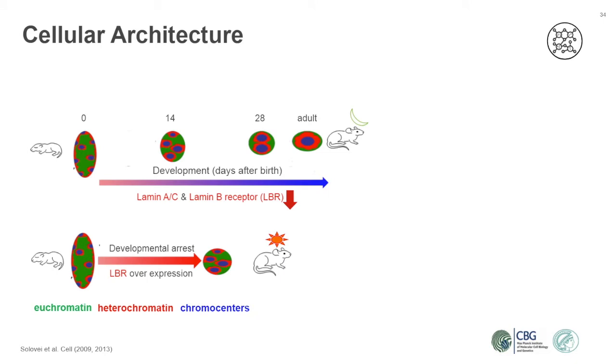And when the lamin B receptor protein is overexpressed, we can developmentally arrest the progression of this inversion to have animals that have a diurnal type retina, or retina with rod photoreceptors having a conventional nuclear architecture. And using such LBR mouse models, we were able to investigate the optical consequences of the two different nuclear architectures.